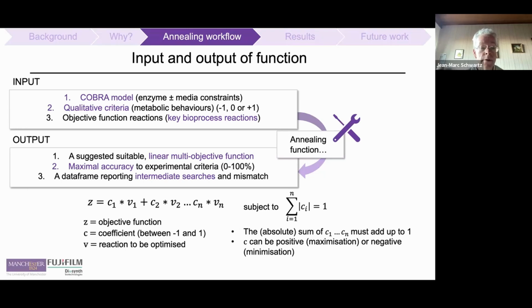The output of the algorithm will then be a suggested suitable function that can be, for example, a single objective or a combination of several objectives. It will also show us the maximal accuracy achieved: do we match 100% of the criteria that we set in the inputs? And we can also check intermediate searches and see how the algorithm found that solution.